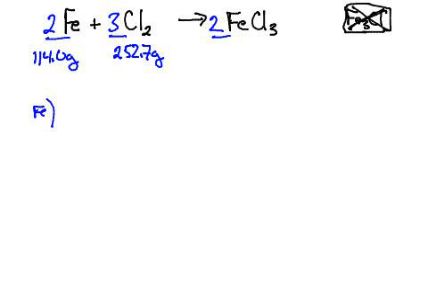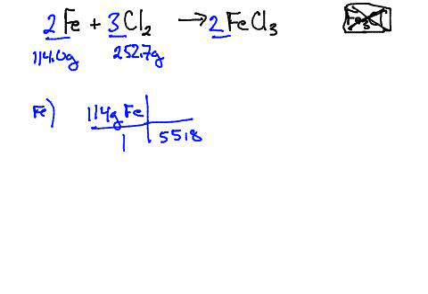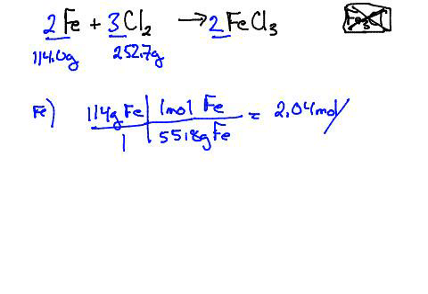I'll do the iron first. 114 grams of Fe, and 55.8 grams of iron from the periodic table is 1 mole of iron. That comes out to 2.04 moles. Now divide by the coefficient. The coefficient in this case is a 2 from the balanced equation. So that gives us 1.02. Just keep that number in your brain.